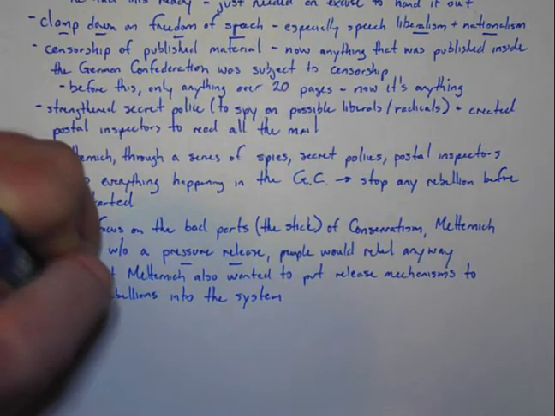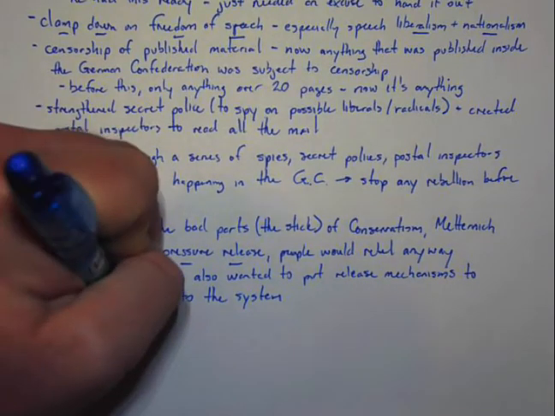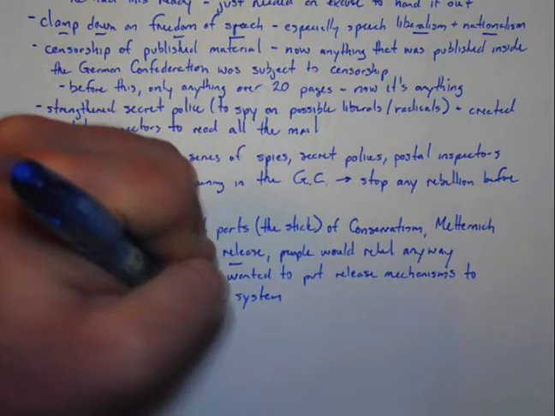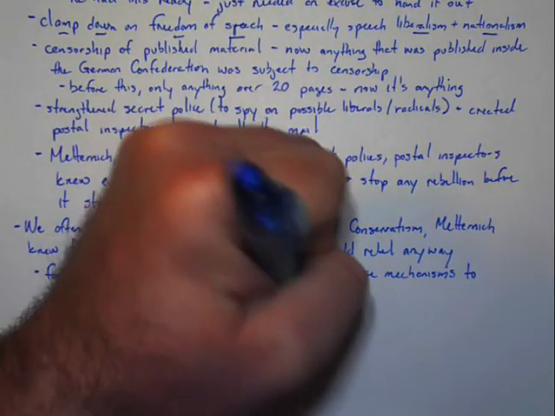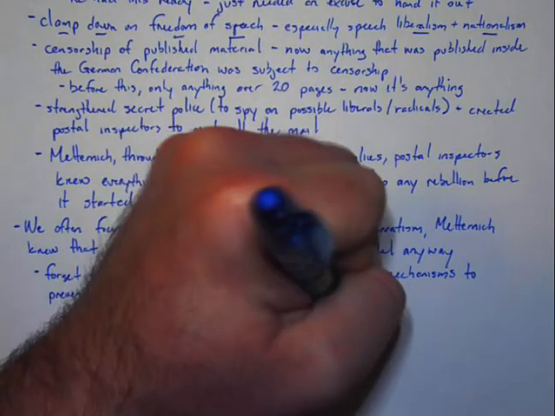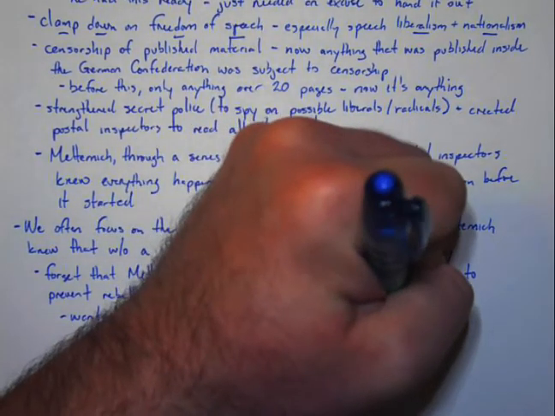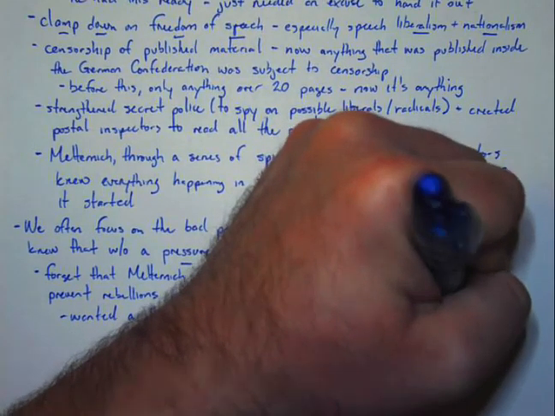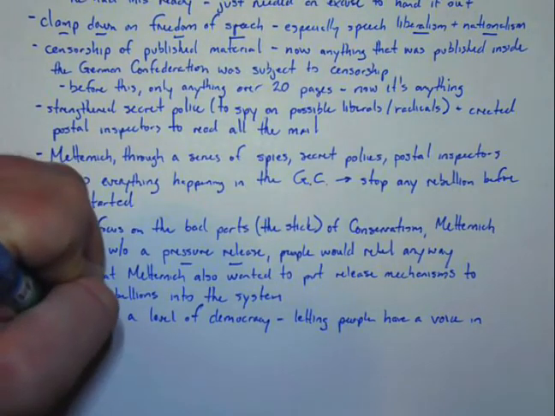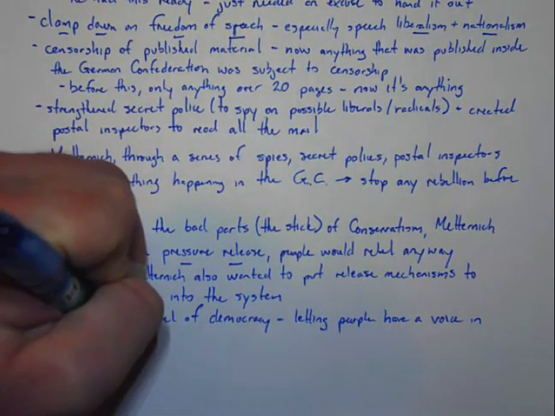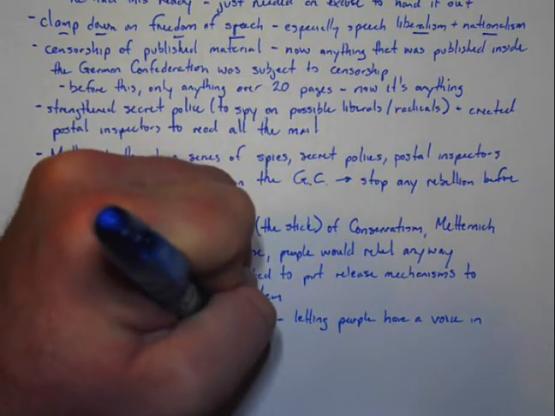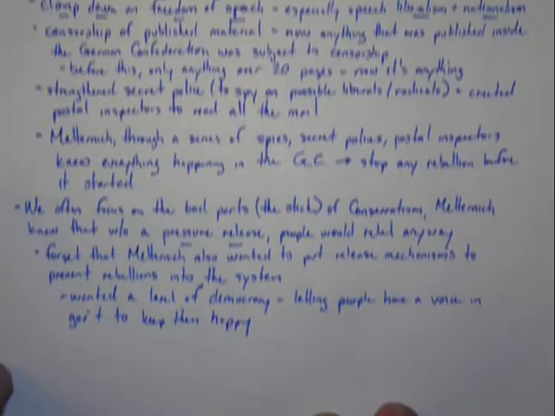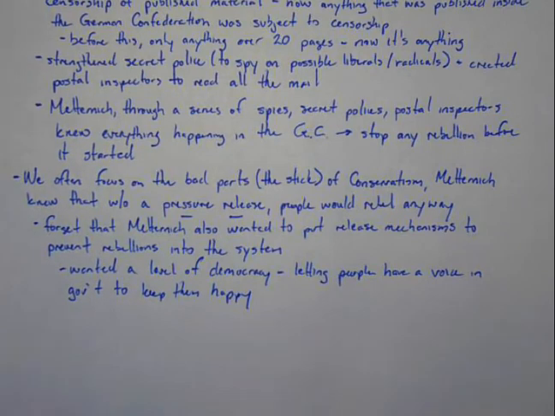Like, he wanted a level of democracy. Basically, letting people have a voice in government to keep them happy. Happy people don't rebel. And if people have a voice, even a small voice, they're less likely to rebel.